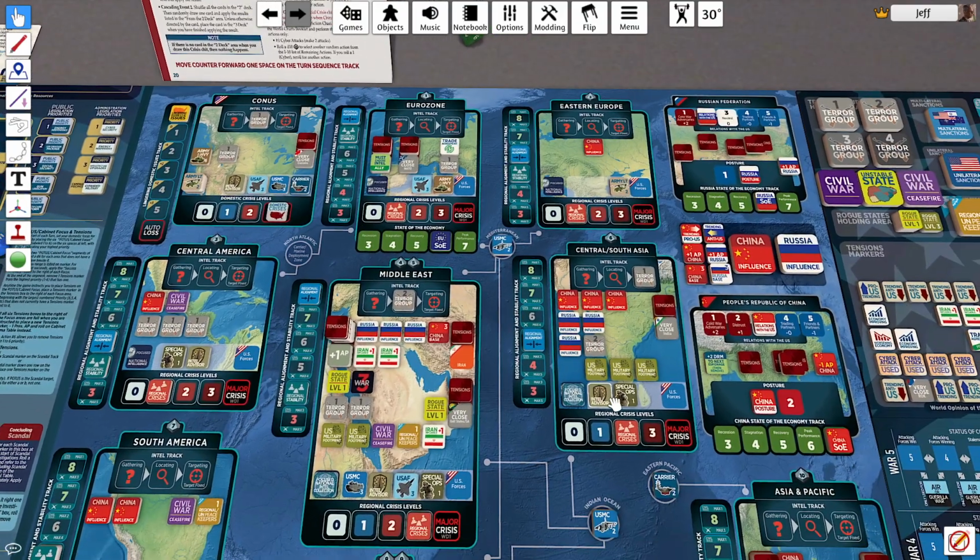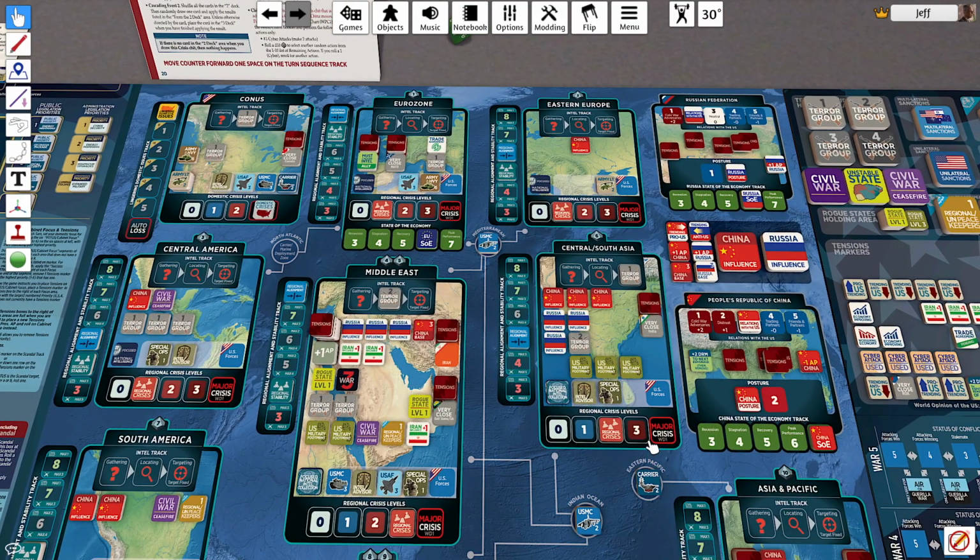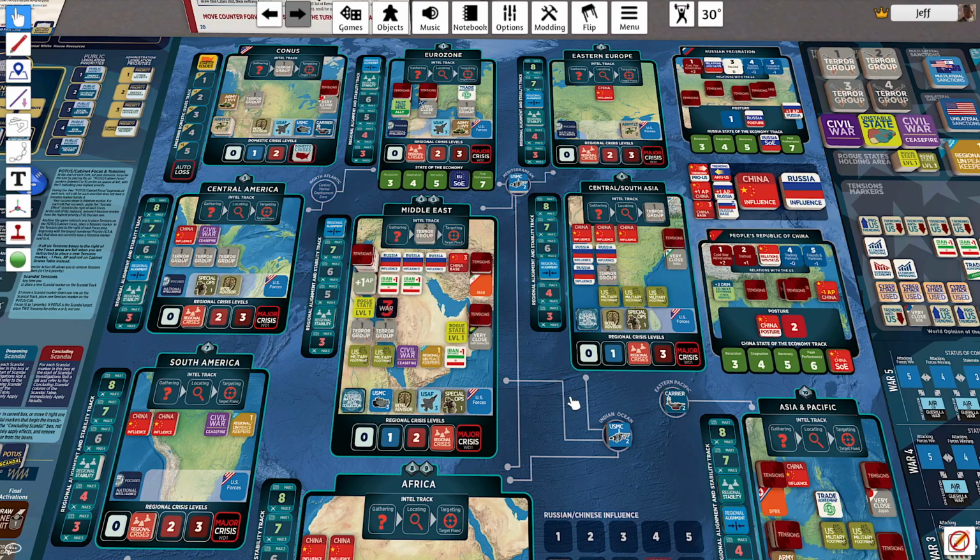So a 3 and a 2. We'll leave those there. And then it says we get to do a DRM check against 2 in any region. You don't get a -1 DRM anymore because of that, but in addition to any other DRMs.